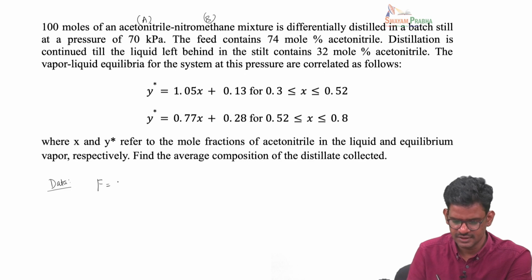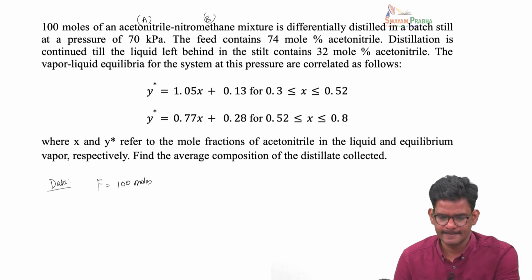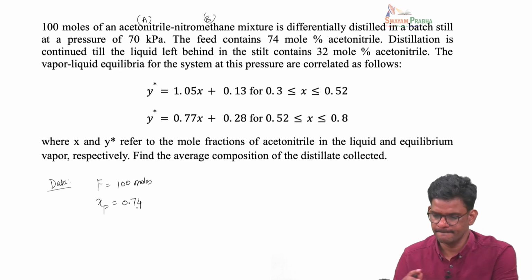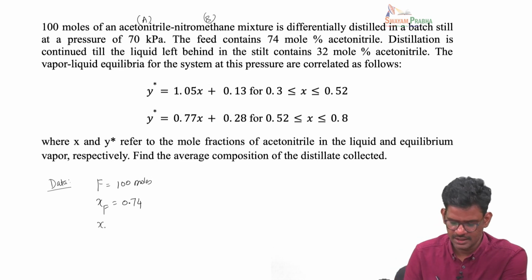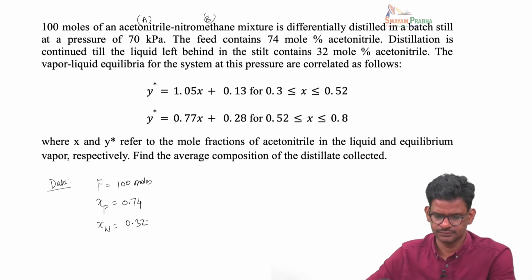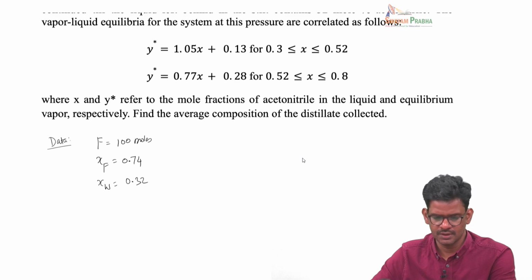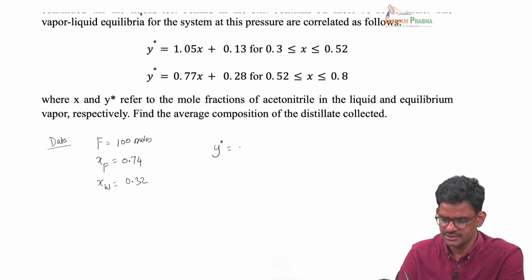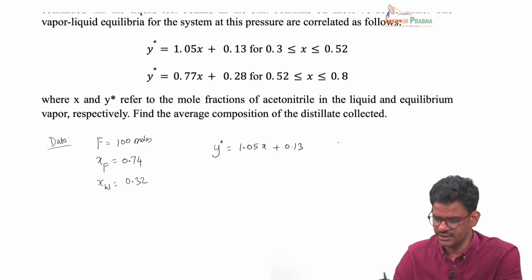So, F is 100 moles, and the feed composition is 0.74, and XW is 0.32, and we have the equilibrium line y star is 1.05x plus 0.13.